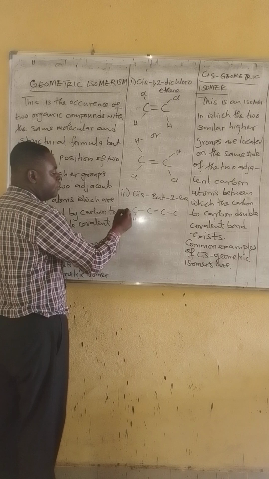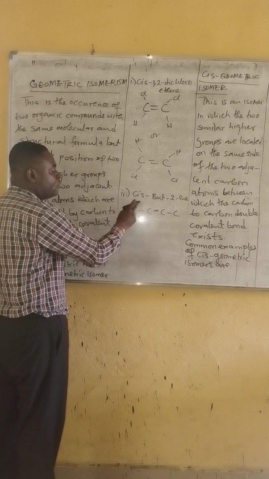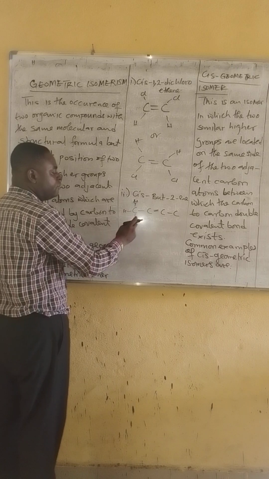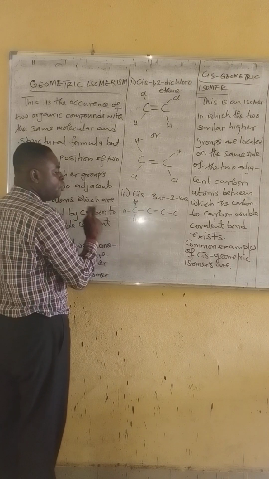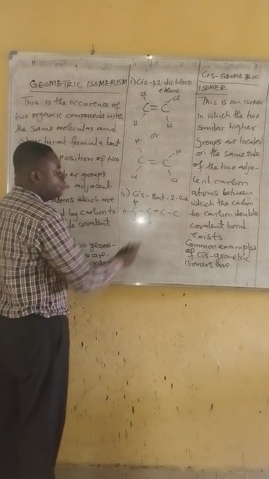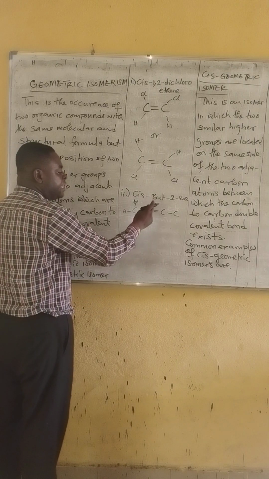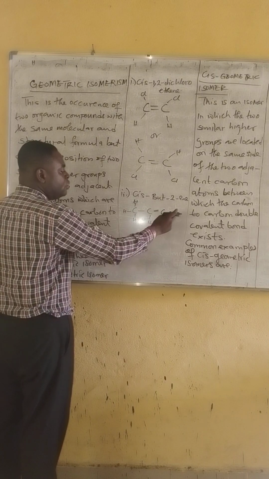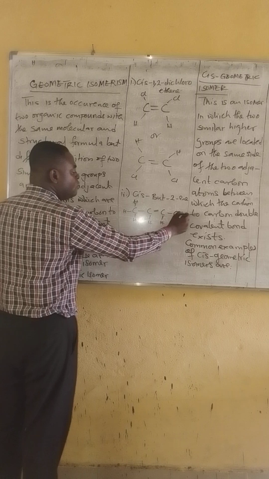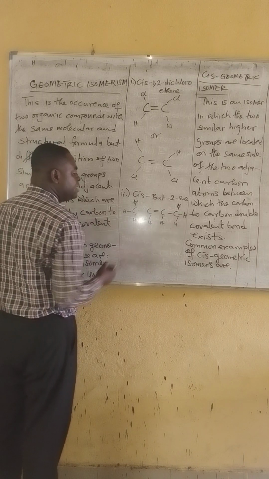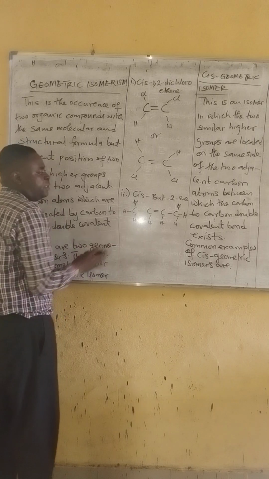Don't forget the carbon atom will be surrounded with 4 bonds. So that's why you have 1, 2, 3, 4. This one already has 1 bond at the back, so you need 1, 2, 3 more to make it 4. So this is cis-but-2-ene.